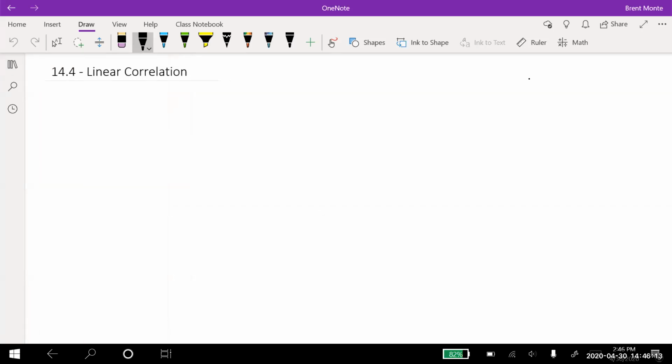Okay, so now 14.4 is referred to as linear correlation.